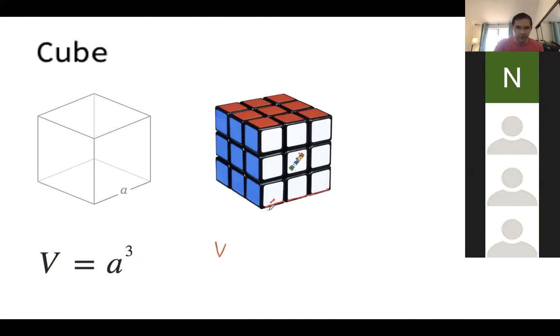The length of this side is 3, and so is the length of this side, and so is the height, also 3. So what is the volume of this cube? Well, this is going to be 3 times 3, and then times the height, times 3.